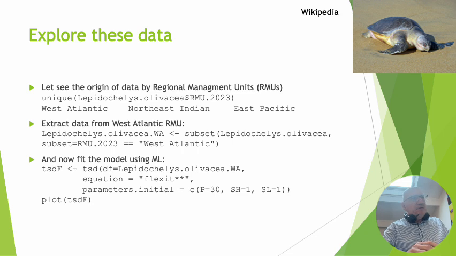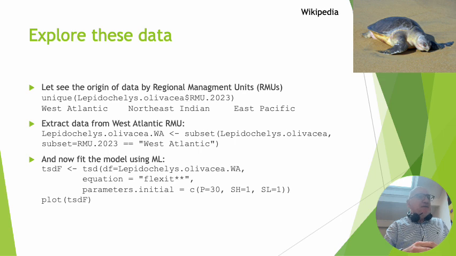If you don't understand what flexit double star is, in the previous video I explained this equation, and why this equation is until now the best equation to describe the thermal reaction norm of sex ratio. And we will give some initial parameters: the pivotal temperature, 30 degrees approximately, we don't know exactly the true value now, and the SH and SL parameters.